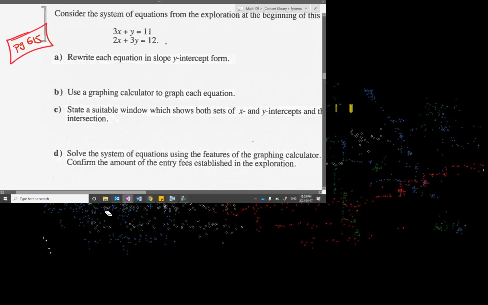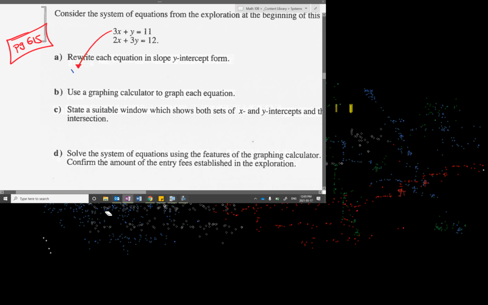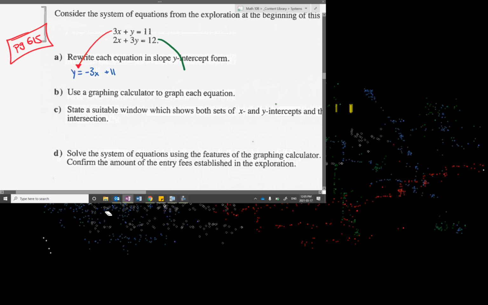So we've already solved this earlier on. This first one is going to become y is equal to -3x plus 11. Our second equation is y equals -2/3x plus 4. We did that on the first page.